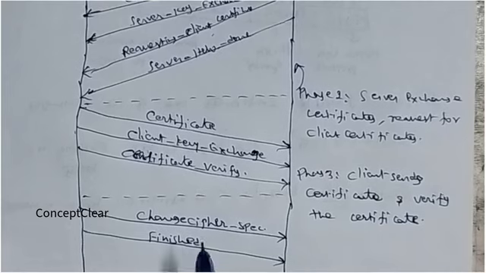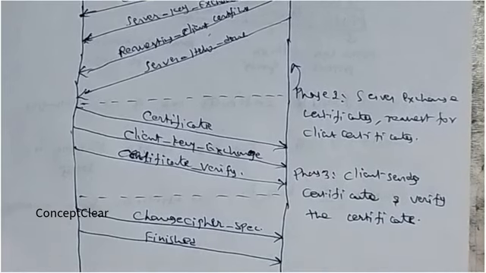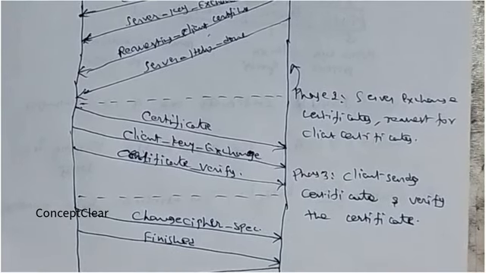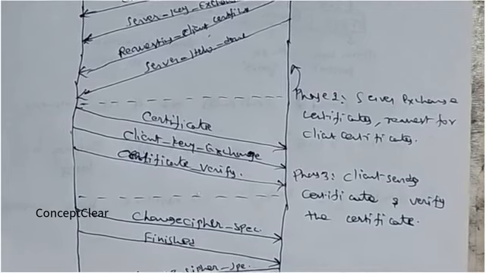The client's send message will be finished. Then he will wait for the responses. So he will send a message like the request to change cipher specifications, and he will also send a message like finished. Okay, like that are the exchanges between client and server.